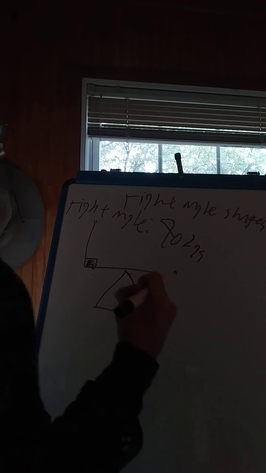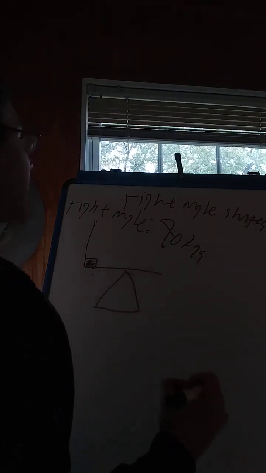So the sides are not even and they're not straight. The corners are not even. We could draw those squares in here, but still, not all the sides are 90 degrees.